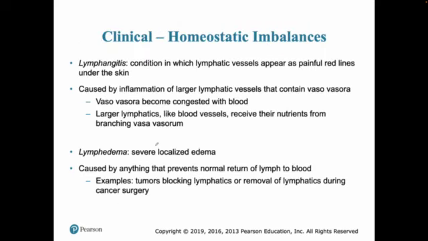Some homeostatic imbalances in this regard: for example, lymphangitis, a condition of the lymph vessels that appear painful and red under the skin, caused by inflammation of larger lymphatic vessels that contain vasa vasorum. What are vasa vasorum? The vasa vasorum are small blood vessels that comprise a vascular network supplying the large blood vessels, like elastic arteries such as the aorta or the vena cava.